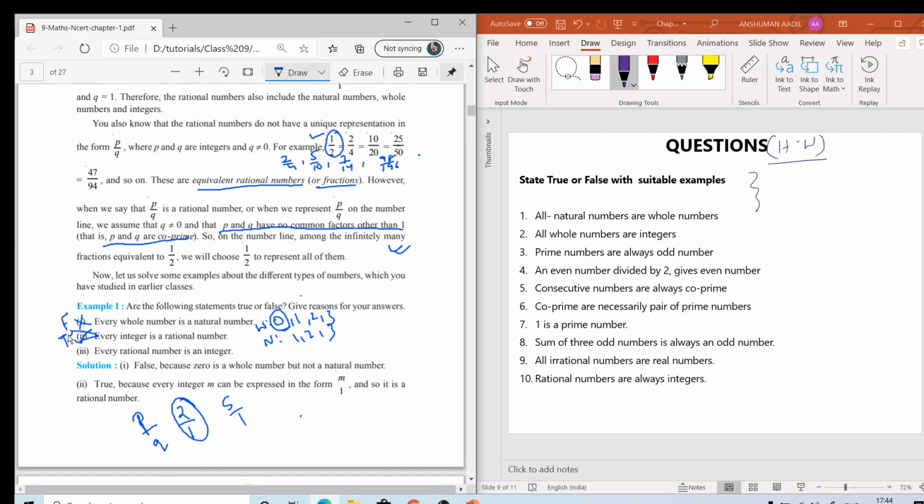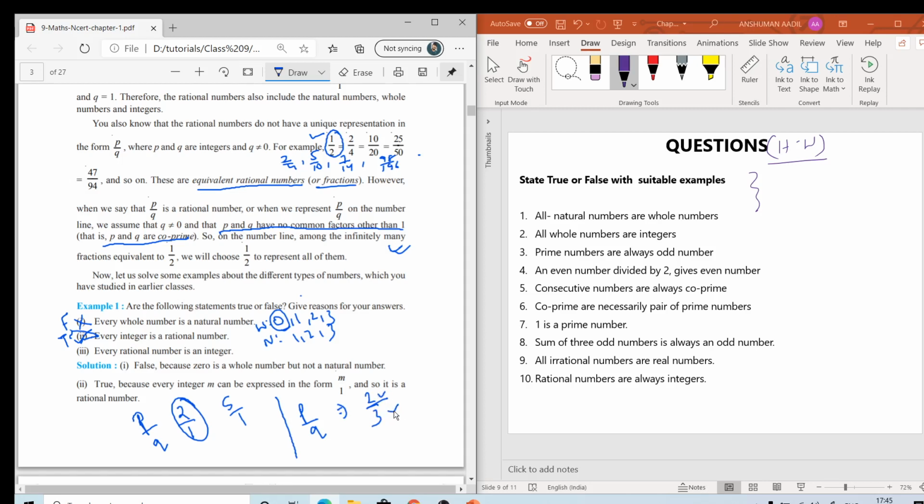Okay, now every rational number is an integer. It's telling about every rational number. Any rational number can be written in the form p by q. We can take one example like 2 by 3, where 2 is an integer and 3 is an integer.